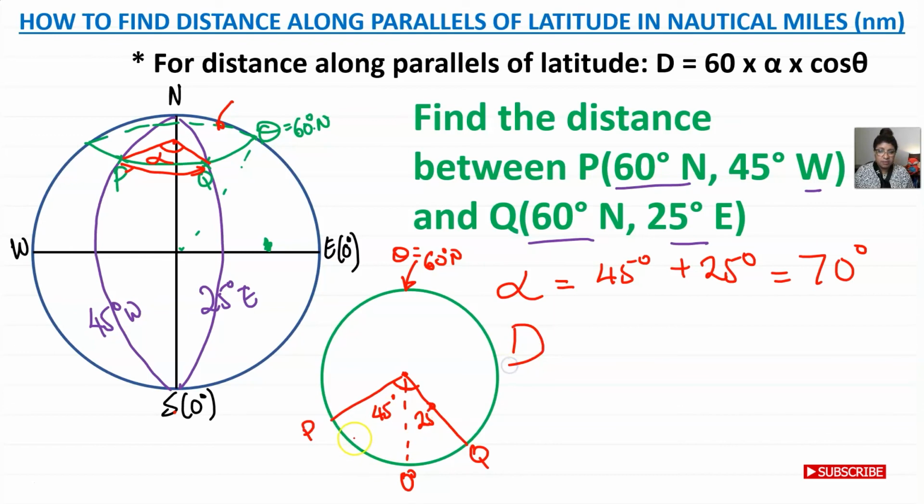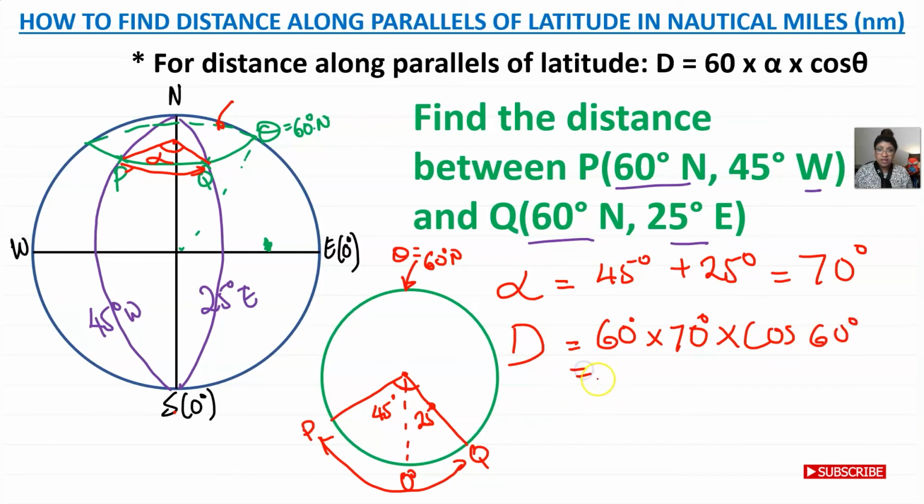So distance from P all the way to Q: 60 minutes times the alpha, the angle of the sector, which is 70 degrees, times cos theta, the position of the latitude, which is 60 degrees.